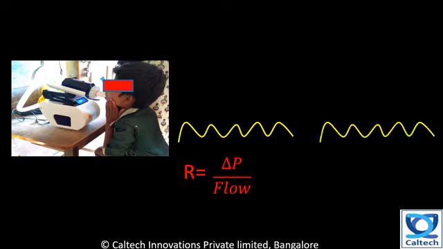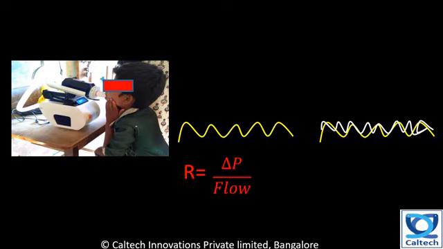When the patient is breathing in the device, this device emits sound waves of different frequencies. For instance, a pressure wave of say 5 Hz is sent inside the lung. This pressure wave is overlapped on the breathing of the patient.